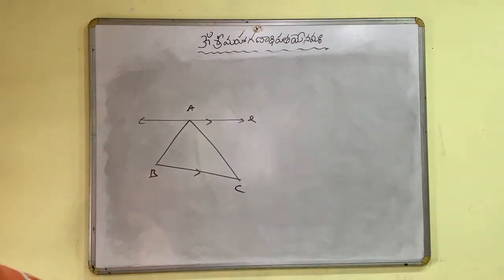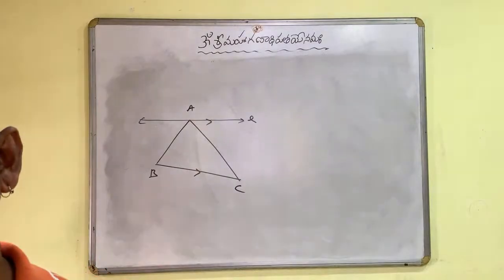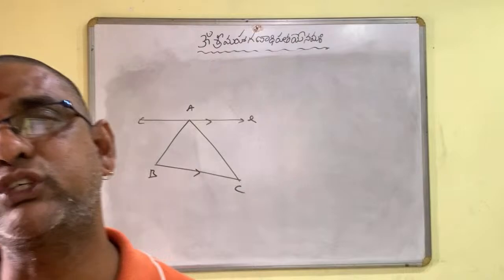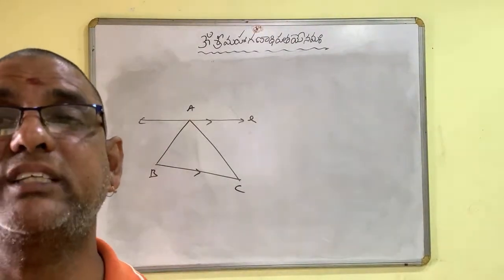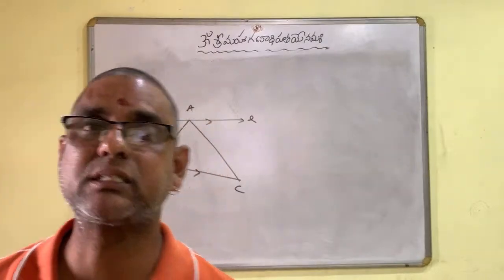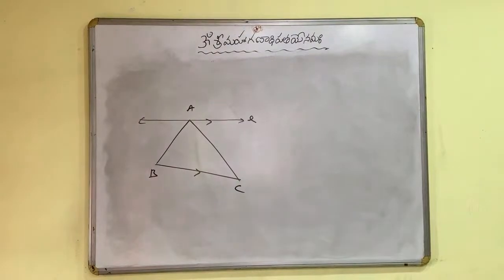That is why, in the definition, I have been saying if a line is drawn parallel to one side of the triangle intersecting the other two sides at distinct points. That is very, very important. Okay na?